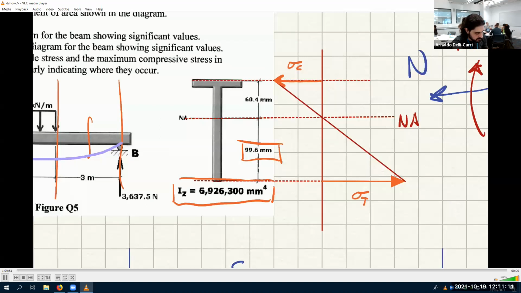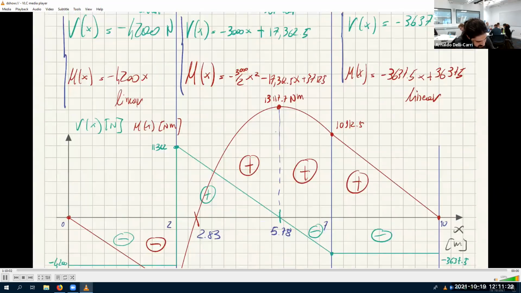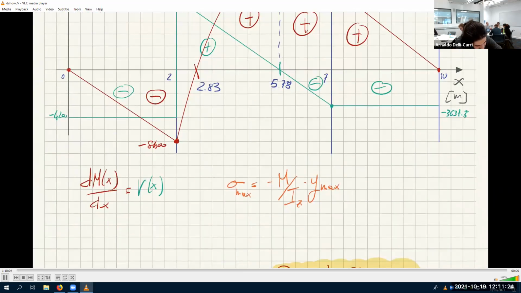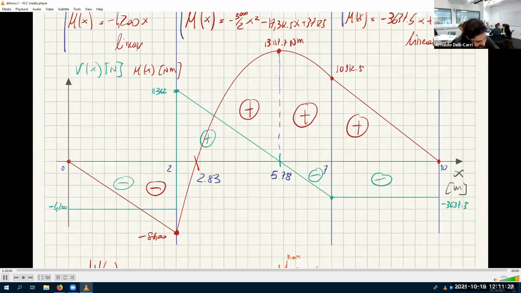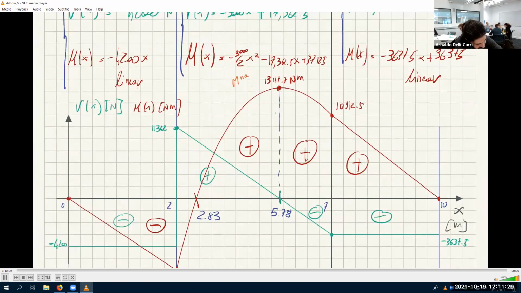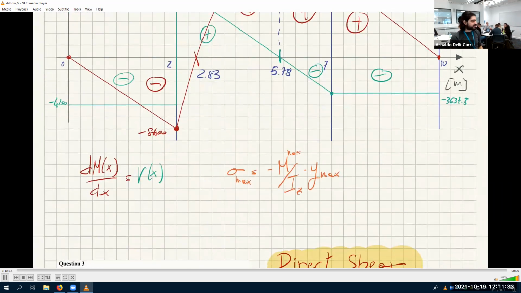I is given. This is called I_z. So let's use I_z in our formula, and let's call this y max. And of course, we have M max. M max is this one. Largest moment divided by I_z times y max.